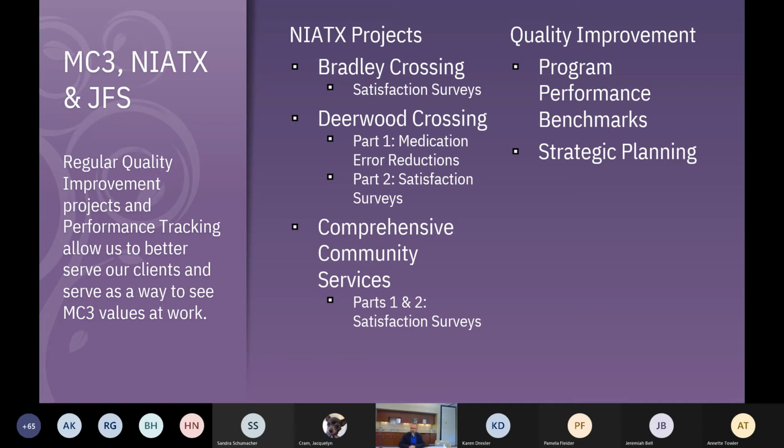And somebody actually asked me not too long ago, what does medication error reduction have to do with MC3 values? And I said, well, just about everything. If you are the resident assistant at Deerwood Crossing, which is our assisted living, giving somebody who is elderly their medication, you may have in your first round of medications 10 different medications and vitamins to give.